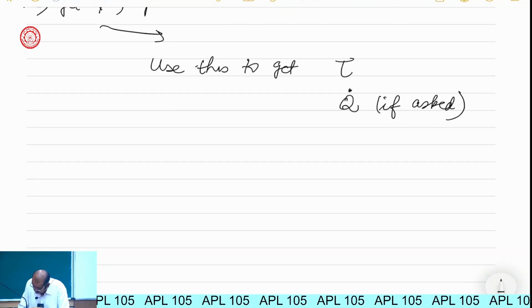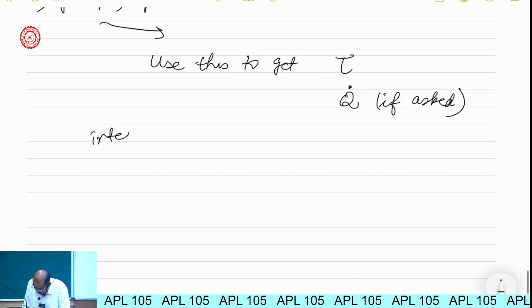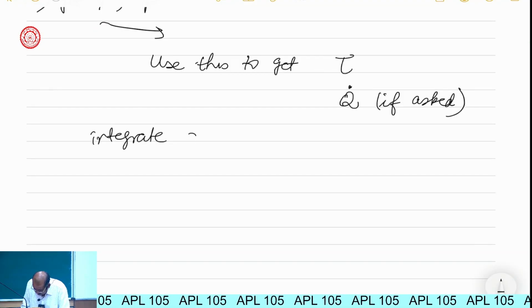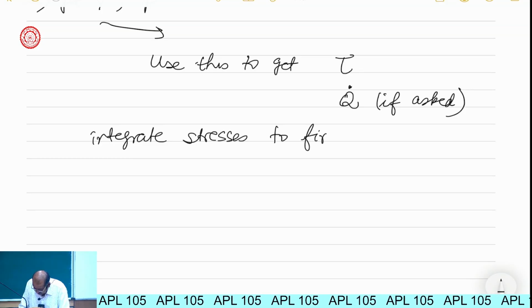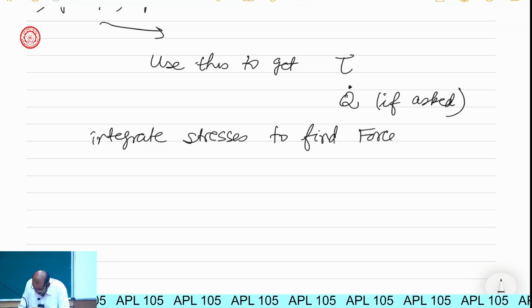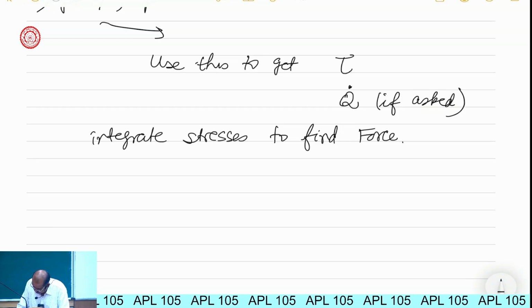And you may also be asked to integrate stresses to find force.